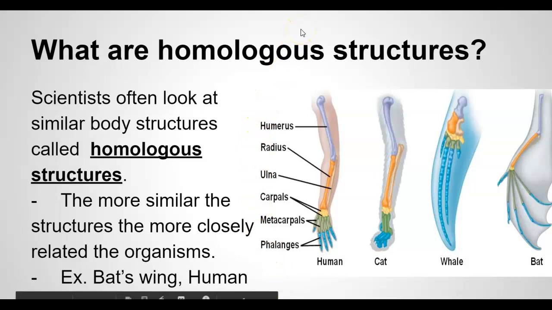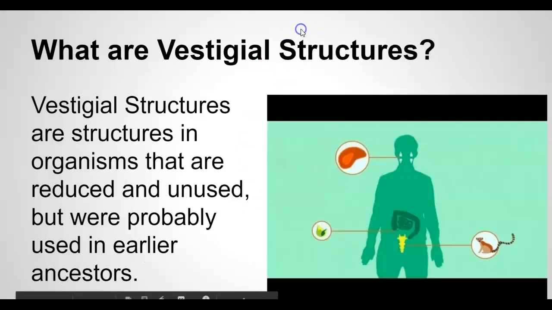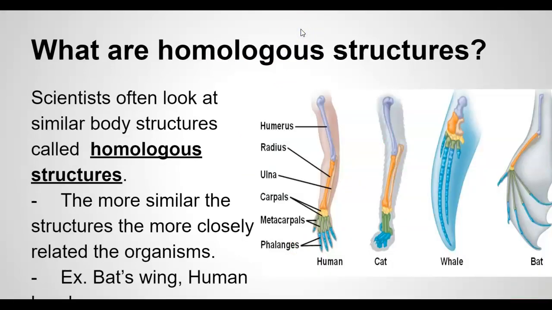Next example of evidence of evolution is what we call homologous structures. Homologous means the same. So these are structures that are very similar or almost the same, but may not have the exact same job. If you look at the forelimbs of a human, here's our upper arm, the radius, the ulna, all of these are your fingers. Look at the cat. The cat has very similar bone structure in its front paws, except it doesn't have the fingers.